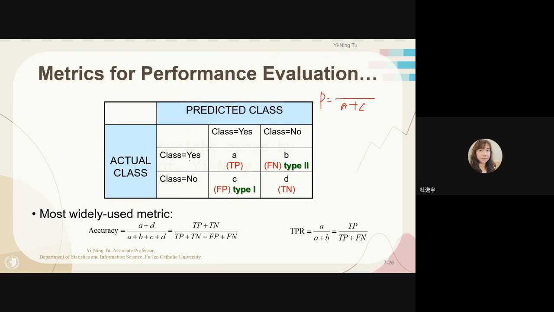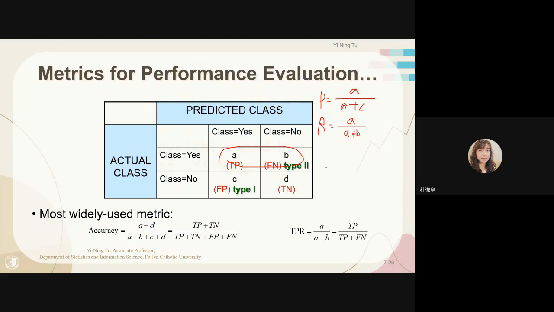But actually, only A is true. This is precision. And recall means actually it's true, A plus B, but actually, only A is true. Right? So it's unfair if you pick only one of them.